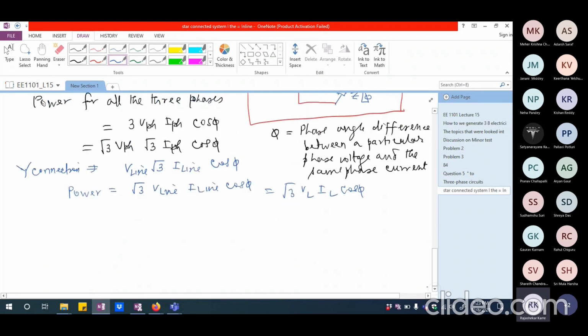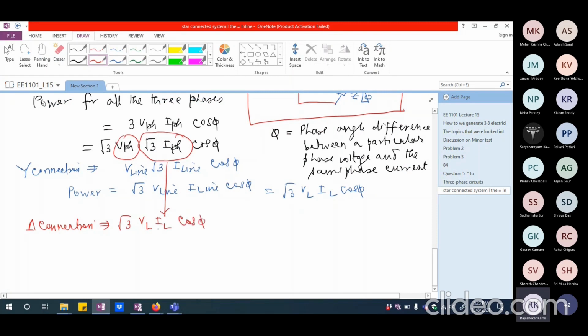If I am looking at delta connection, I can write V phase is same as V line. So I can write root 3 V line. And root 3 times I phase I can write as I line. And I have cos phi.